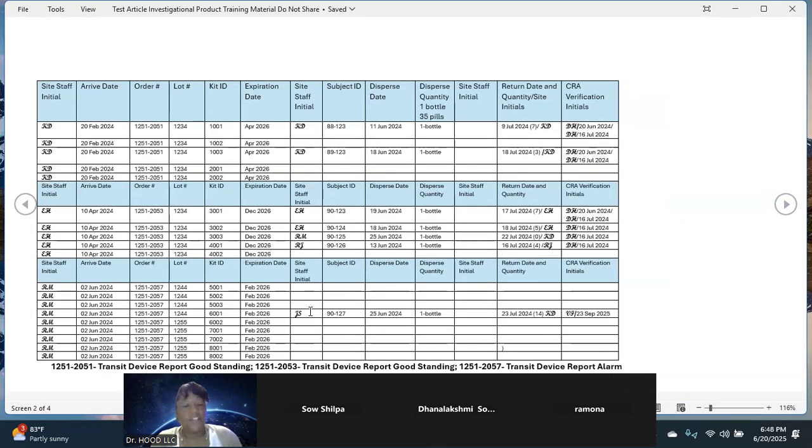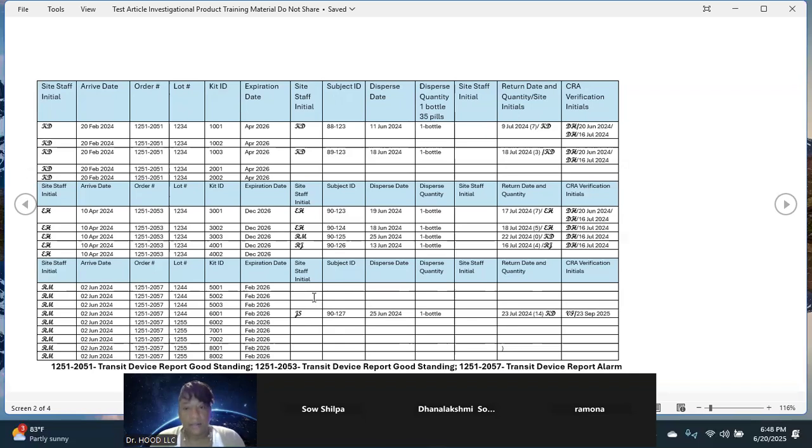She received it. I mean, she got it back on return. No. She dispensed it. Her initials are here. So she dispensed the drug and was not supposed to. So this is another what? Discrepancy. This is another discrepancy.